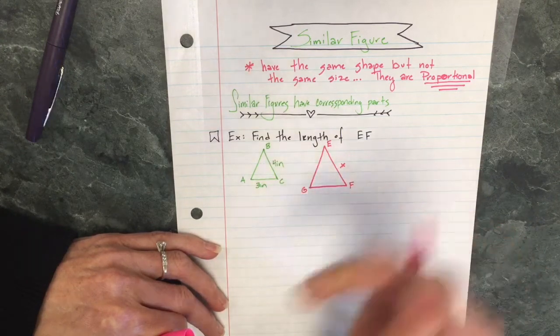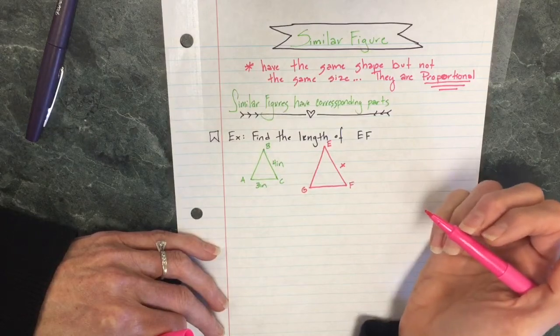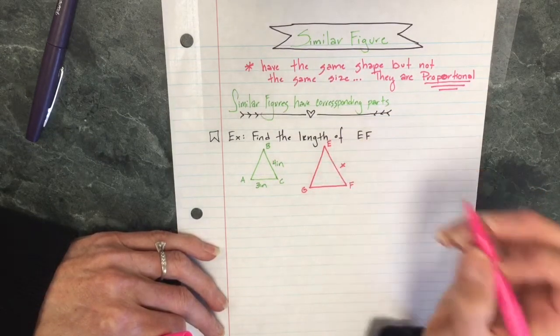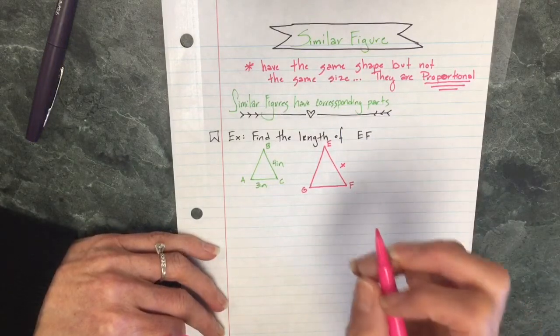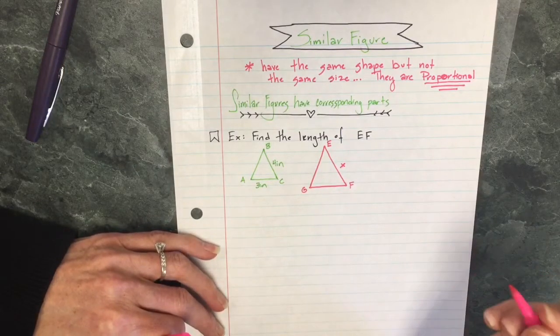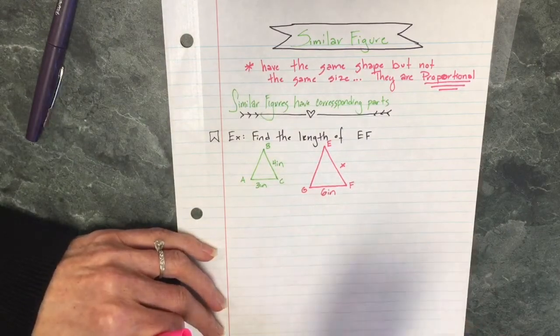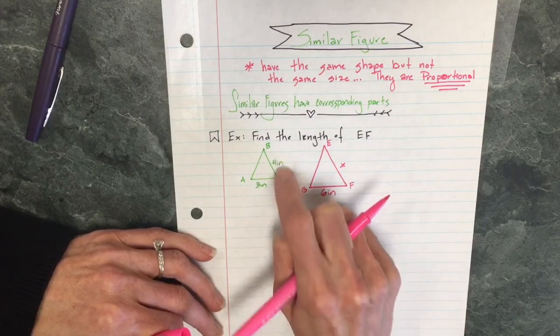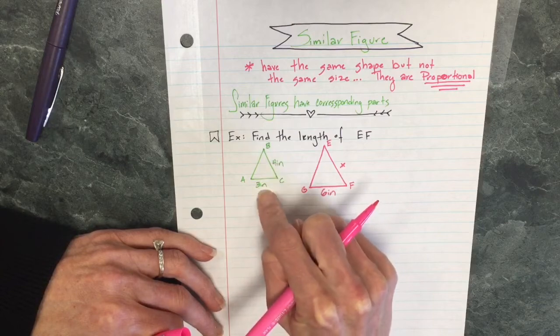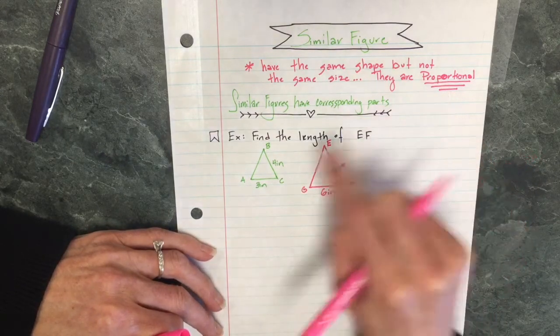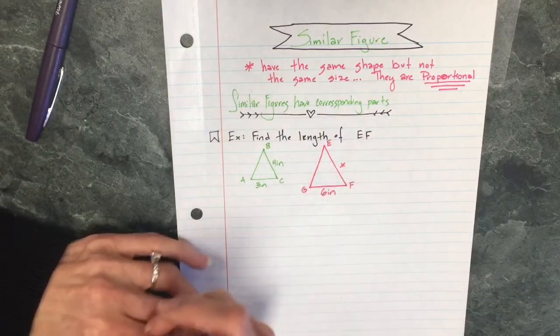ABC, EFG. That doesn't really make sense. Hold on. We're just gonna have that for now. And then 6 inches is the other side. So we could make a ratio out of this triangle and make it equal to this ratio because these two triangles are proportional.